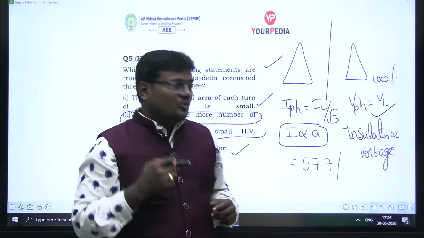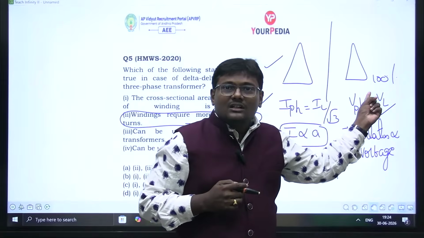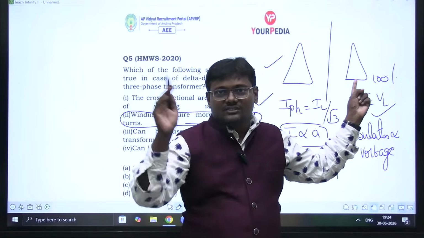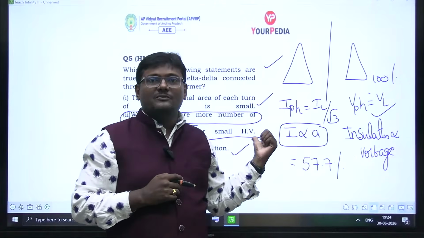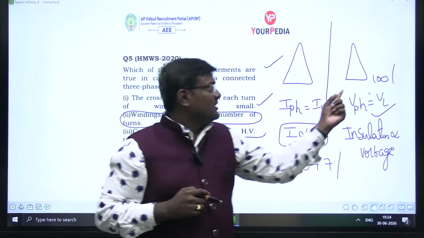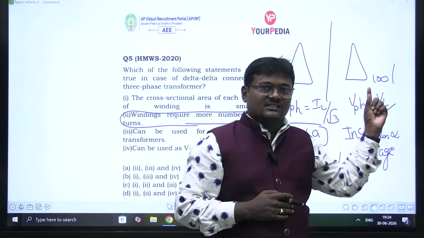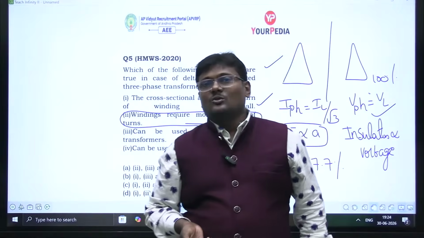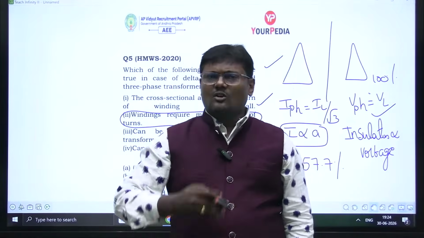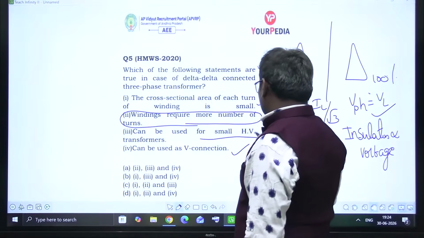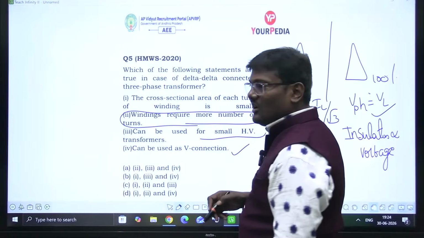The cost is more, because I want to spend 100 rupees, but here I want to spend only 57.7. If you use delta for higher voltages, the insulation requirement is more, obviously the cost is more. That's why it is used for small HV applications.